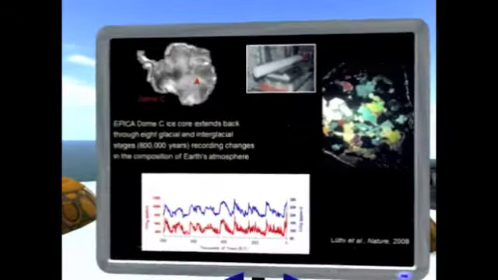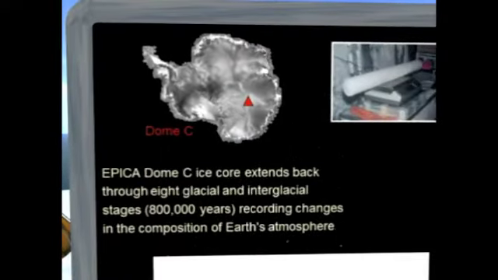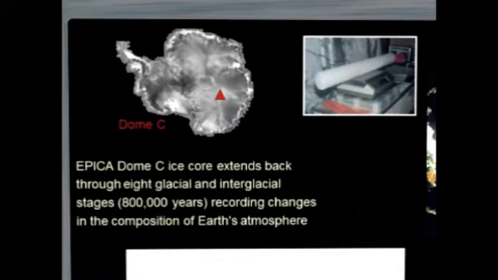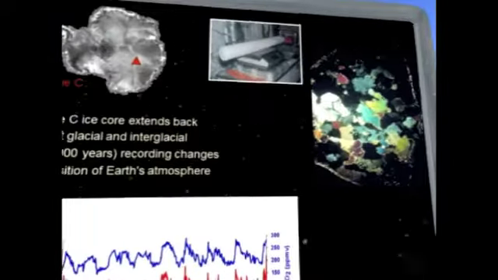So in the upper left is a map of Antarctica, which is the Earth's largest ice sheet. In the middle is a photograph of an ice core, and over on the right is a photograph of a thin section of the ice core. And if you look really carefully, you should be able to see bubbles in the ice.